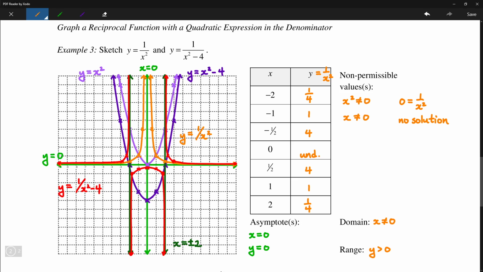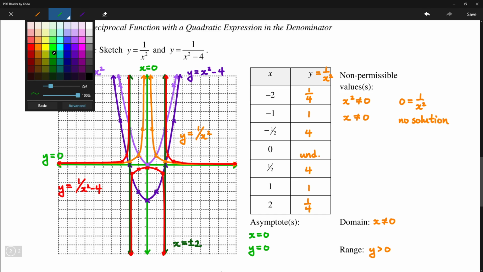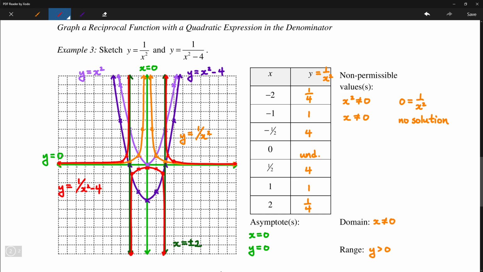And now we are looking at y equals 1 over x squared minus 4. Again, let's first look at the non-permissible values. Oh, we should also look at the invariant points on the orange graph.